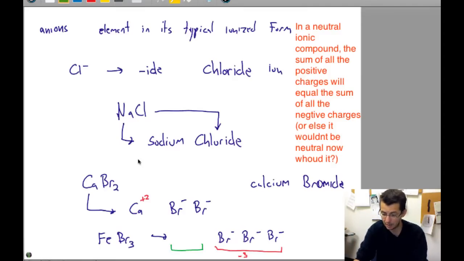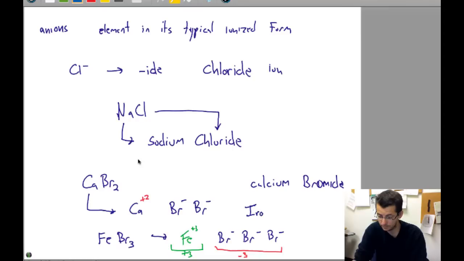It would have to have a +3 charge. And so the name for this is iron [3] bromide. Now don't get lulled into saying, oh, it's iron 3 because there's 3 bromines. That's not exactly true. It's iron 3 because it's a +3 charge.